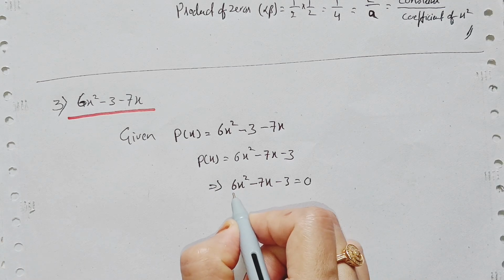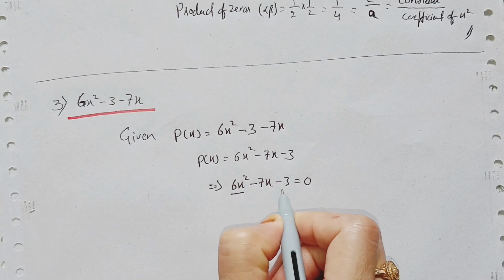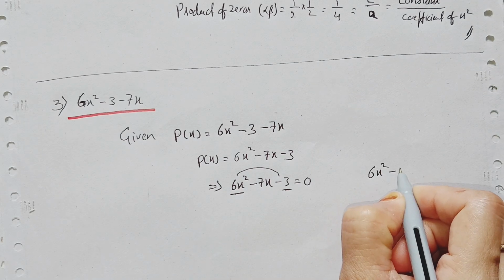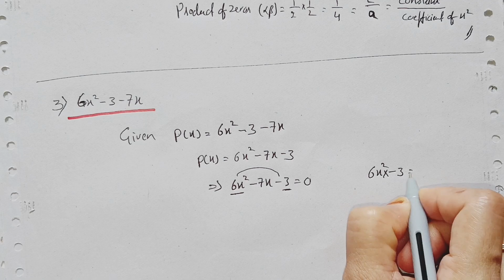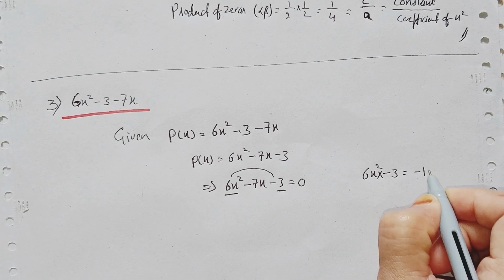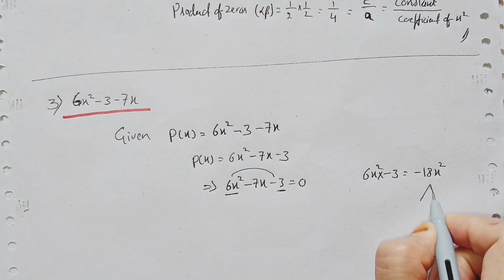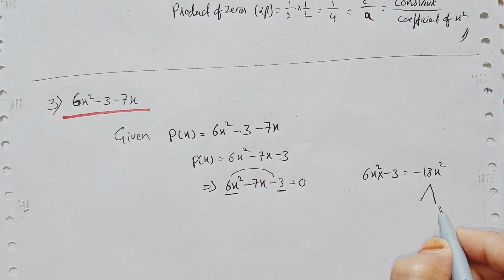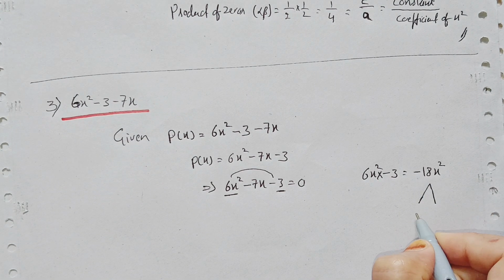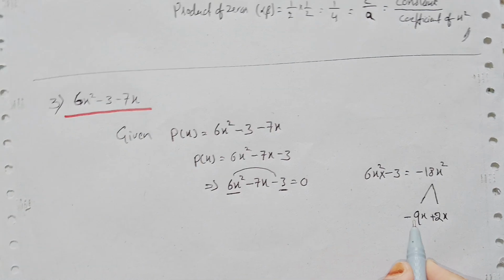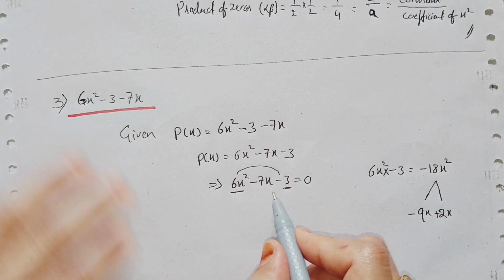For that, first of all, we have to multiply both the terms, 6x square multiplied by minus 3 equal to 6 3 is 18, minus 18 x square. Now we have to find out the factors for this, which is 9 2's 18, x into x square. Here this is minus and this is plus. Why? Because 9 minus 2 is 7, that's why.